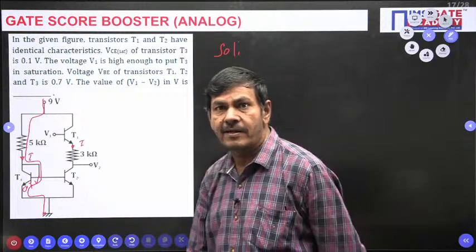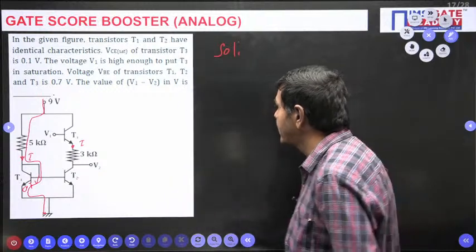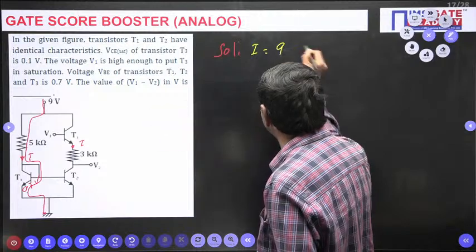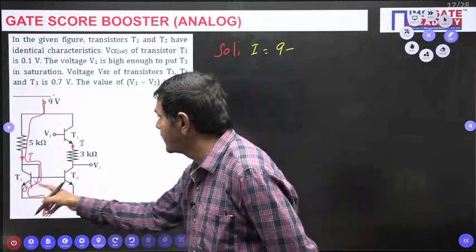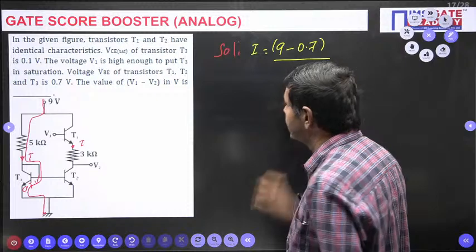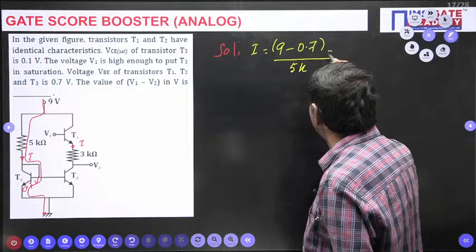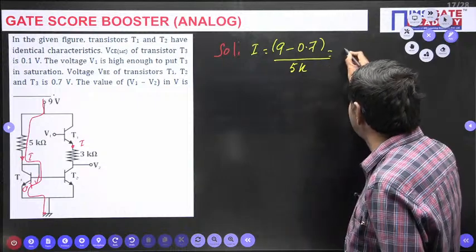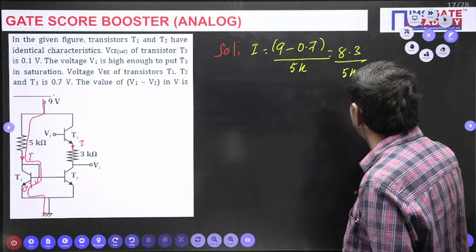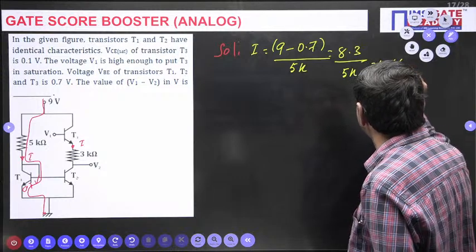The I we can find. Yes, 4.28, I will check, no problem. The current I is nothing but 9 minus the drop of 0.7, divided by 5 kilo ohms. 9 minus 0.7 is 8.3. 8.3 divided by 5K becomes 1.66 milliamperes of current.